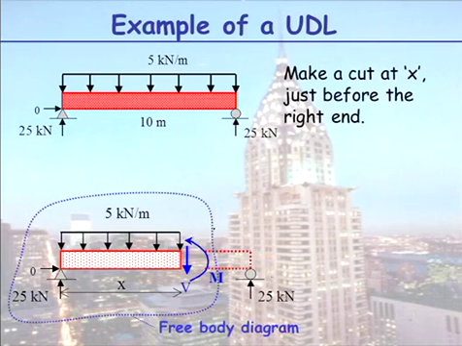Can you come up with the expression for the moment, cutting it at a distance x? If you've got the notes in front of you, don't look at them. Here's my free body diagram. I've cut it at a distance x, and I want you to take moments at the cut. Now, tell me what is my resultant load down here equal to?